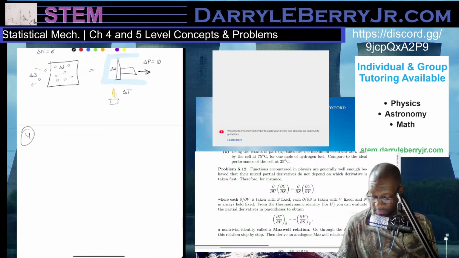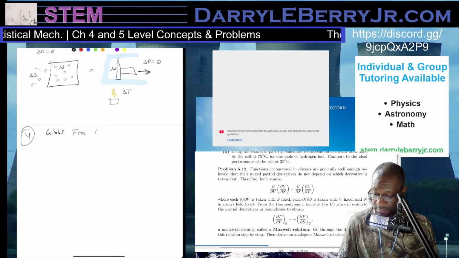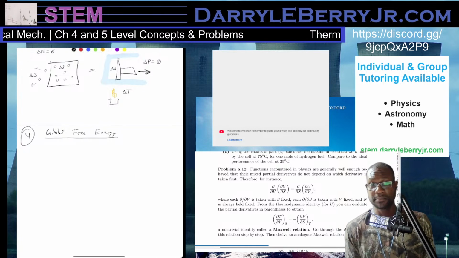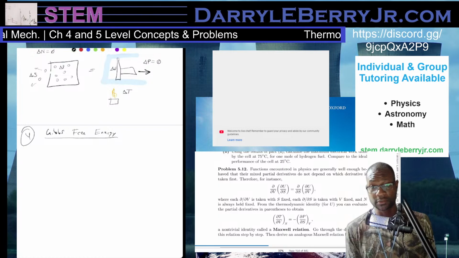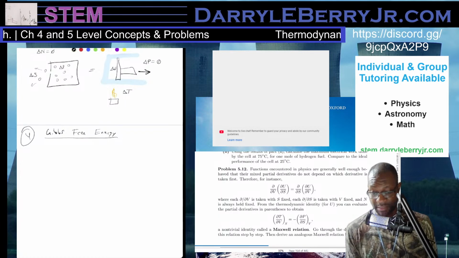okay, so Gibbs free energy is a quantity where the lower the Gibbs free energy of a substance is, the most stable that substance is in the environment.